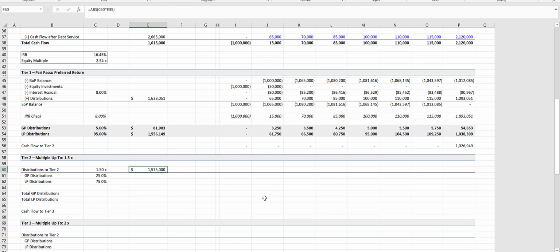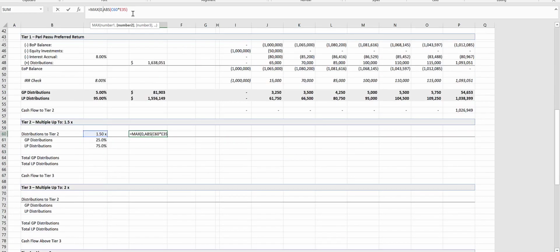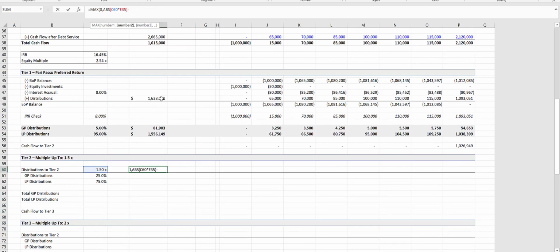So we take the absolute value of this, but we don't need to distribute $1,575,000 in this tier since we've already distributed this. So we want to input a max function, a maximum of 0, and the absolute value of 1.5x times $1,050,000 minus what's already been distributed in the deal thus far, right?